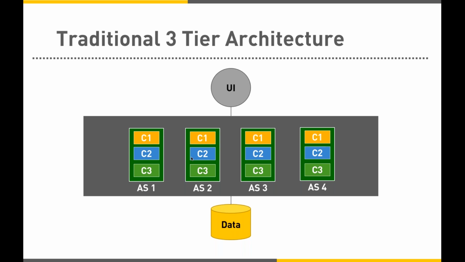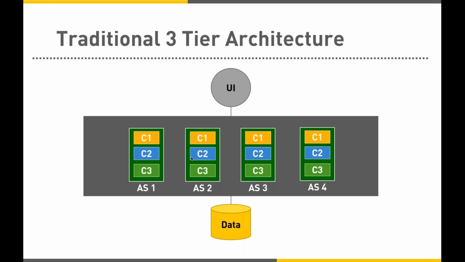The business logic is always deployed to what is called an application server. Application servers typically run J2EE or .NET or any of the other middleware, and they're responsible for running your business logic as components.